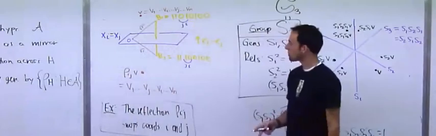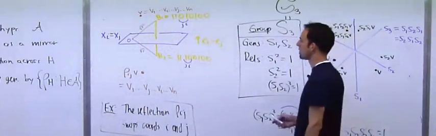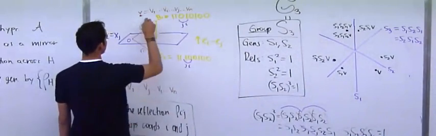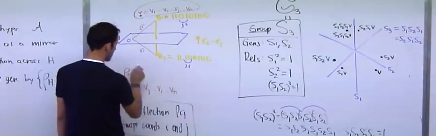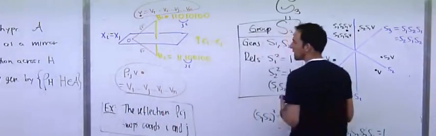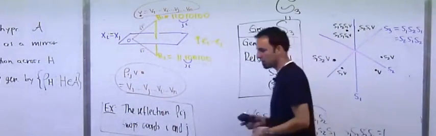So if I started with V, I ended with this guy where coordinates i and j are swapped.